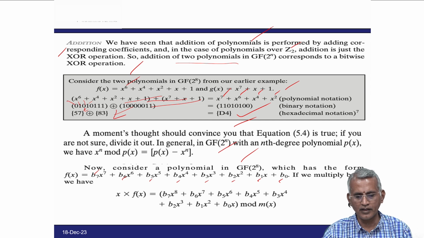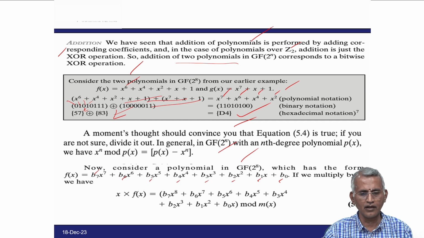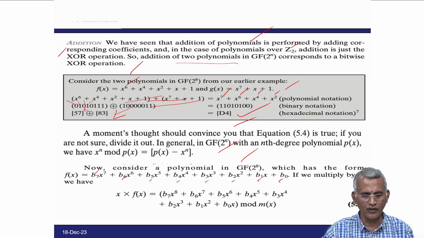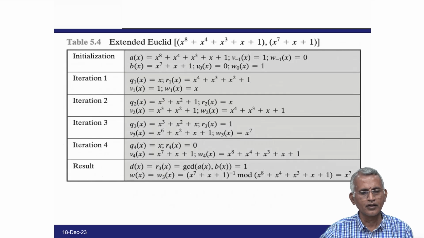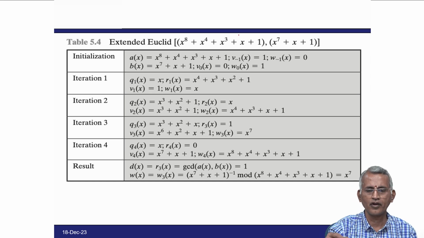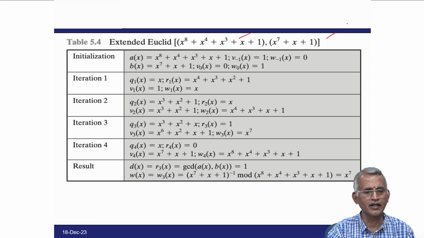So, if you multiply by x, we have x into f of x is b7 into x power 8, 7, 6, 5, 4, 3, 2 and 1 under modulo of x. So, we have an extended Euclid of the 8th degree polynomial and 7th degree polynomial.